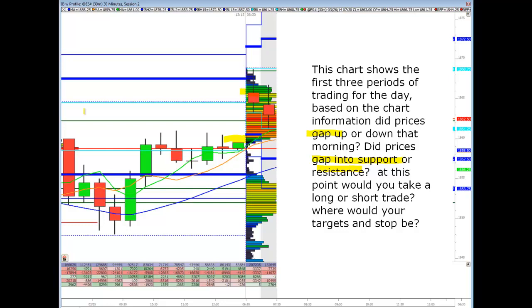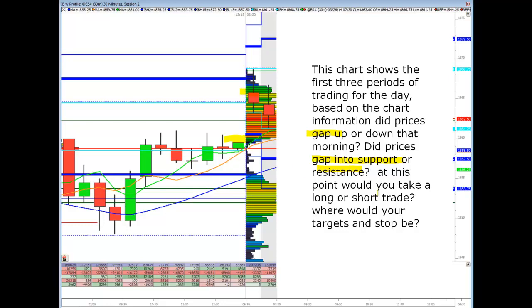Certainly on your charts you will have it, but I wanted you to be aware that when you don't have that information, it is a disadvantage, and it is very helpful to always look to the left. So in this case, we don't know if we gapped into support or resistance because we don't see what was going on at that price range where we just jumped into.